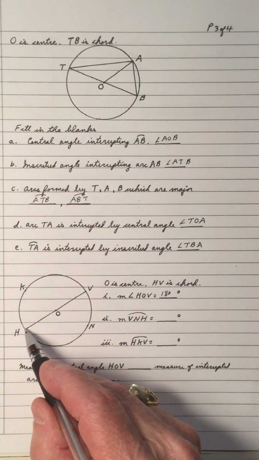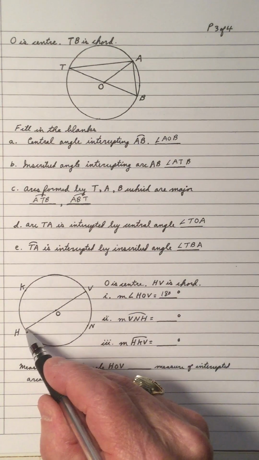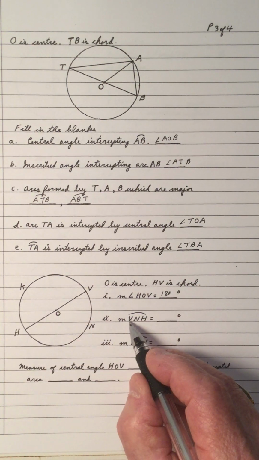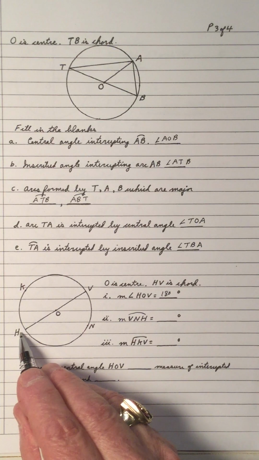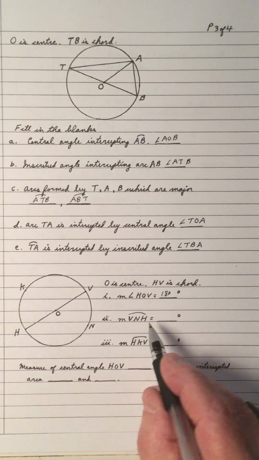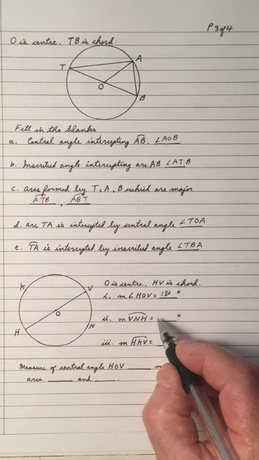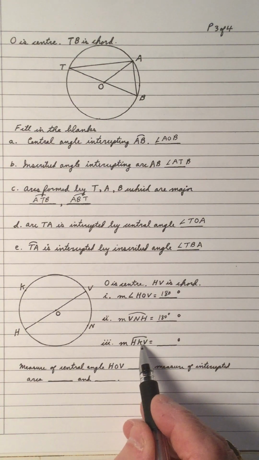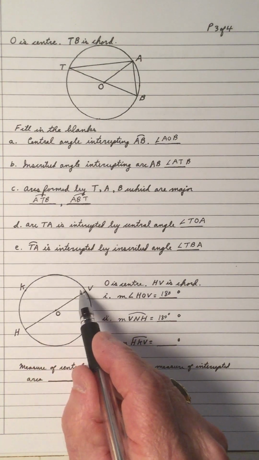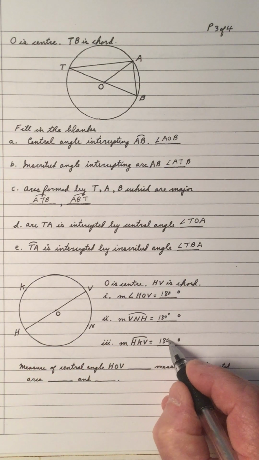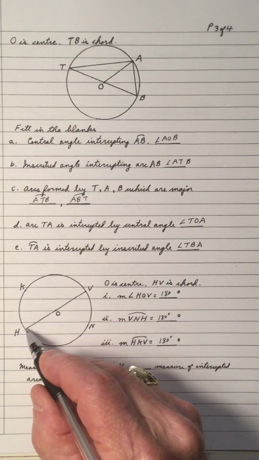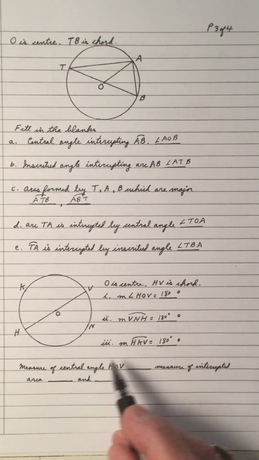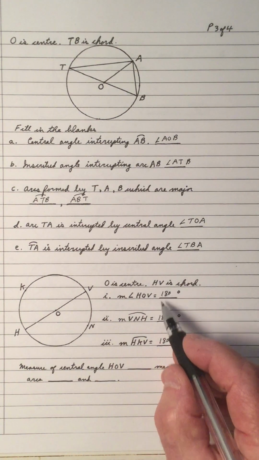Now, if this is a straight angle and this chord is the diameter, then to measure the arc VKH or VNH, the arc VNH is 180 degrees. And the arc HKV is also 180 degrees, because this is the diameter, so each part here is a semicircle. You notice that these are all equal.